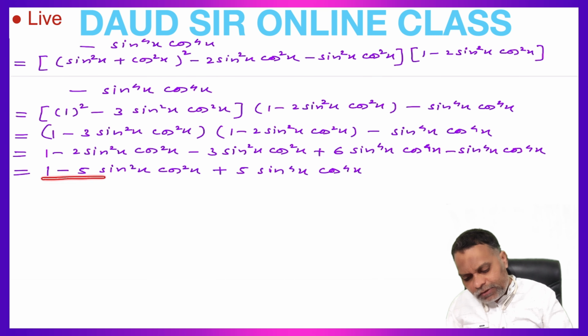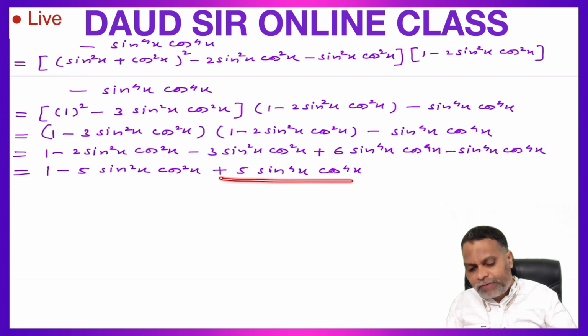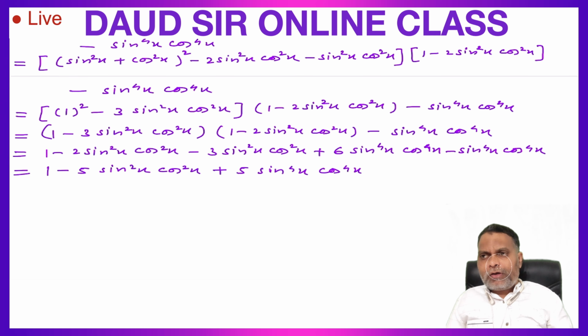So we have got this: 1 minus 5 sin square x cos square x plus 5 sin raised to 4x cos raised to 4x.